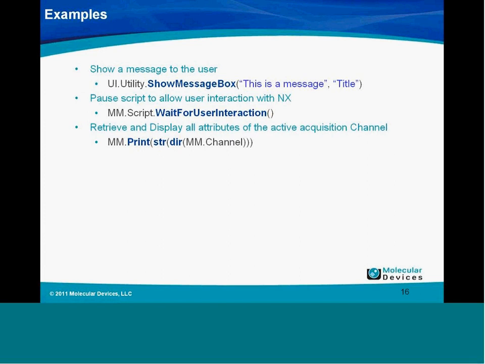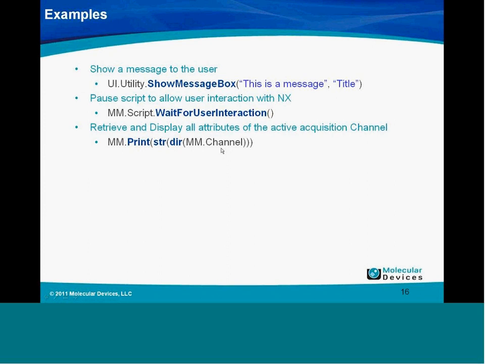To get more details about what's available or what values can be called from a property, you can use the dir method. And it looks up the directory of all the values, or all the properties, really, of something that's passed to it. So dir is going to give me all the available properties to mm.channel. You're going to want to turn that into a string so that you can actually read it.